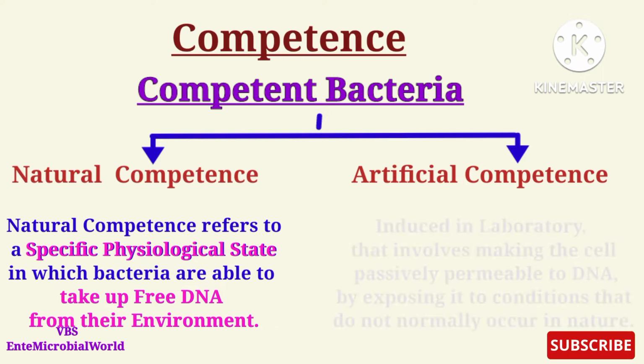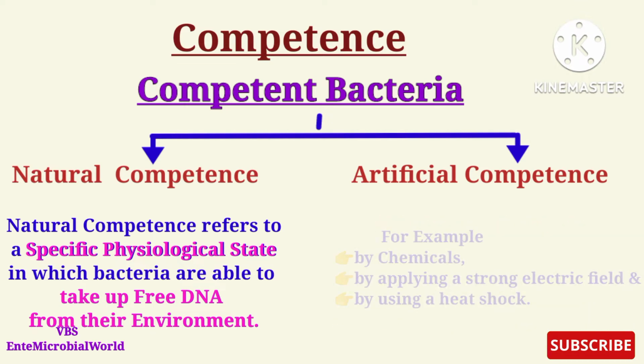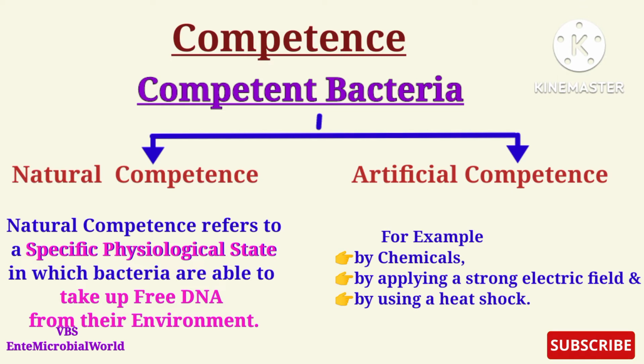Artificial competence can be induced in the laboratory, which involves making the cell passively permeable to DNA by exposing it to conditions that do not normally occur in nature. For example, by chemicals, by applying a strong electric field, or by using a heat shock.